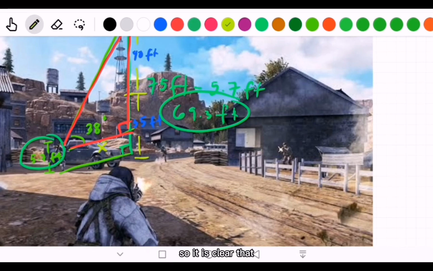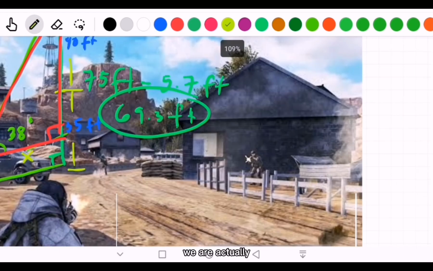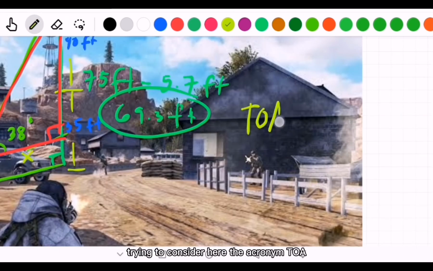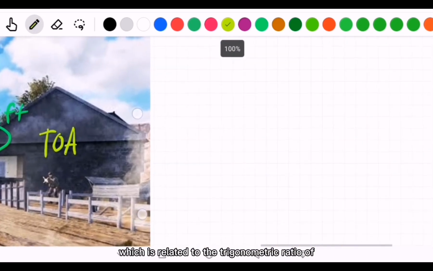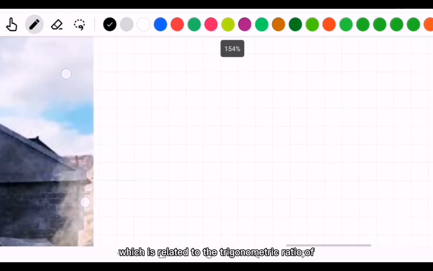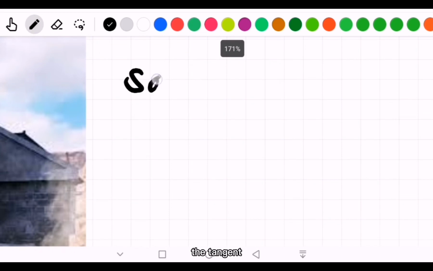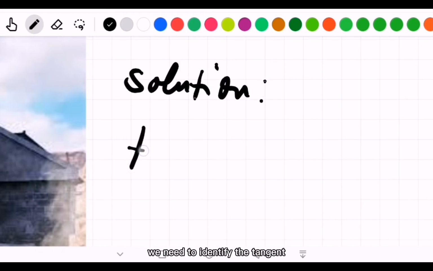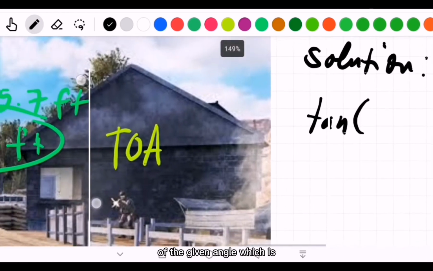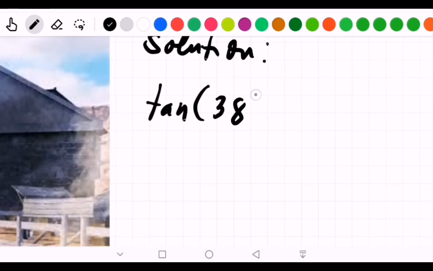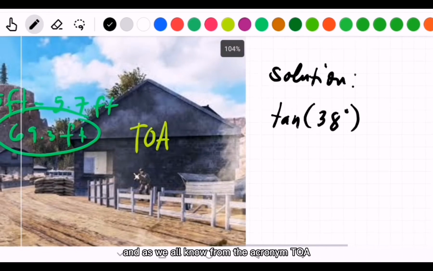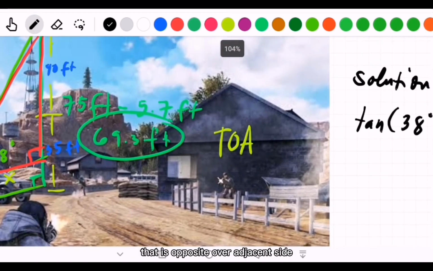So it is clear that we are considering the acronym TOA, which is related to the trigonometric ratio of the tangent. So in our solution, we need to identify the tangent of the given angle, which is 38 degrees. And as we all know from the acronym TOA, that is opposite over adjacent side.